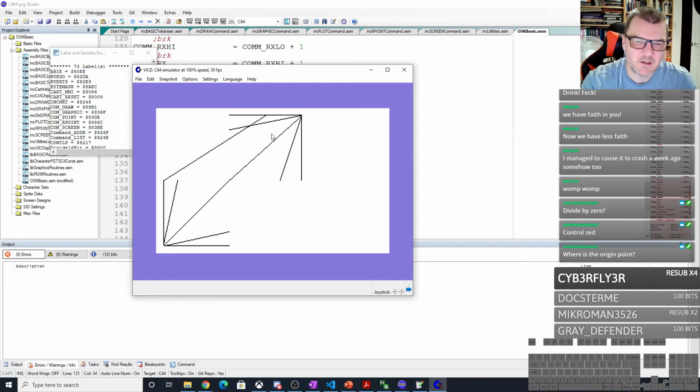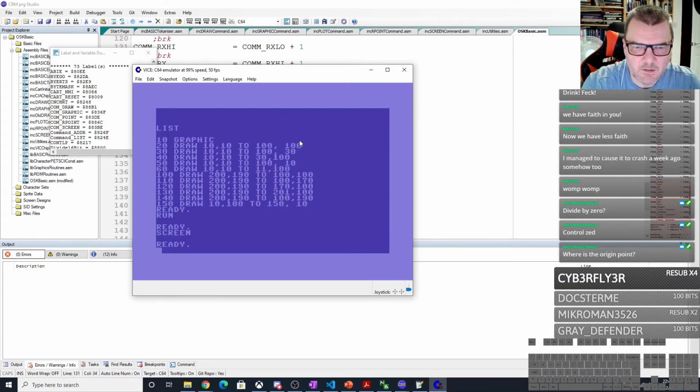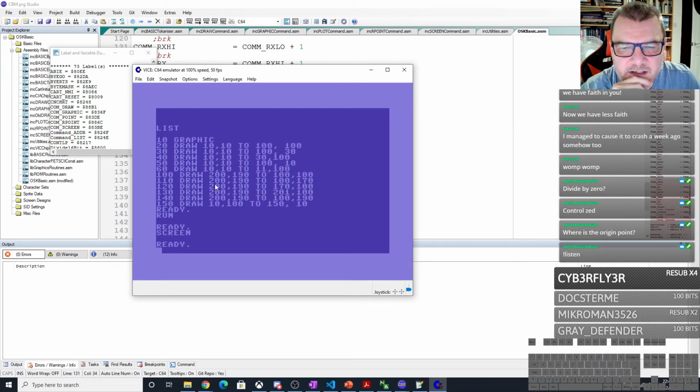There we go. So it's still definitely going the wrong way, but it's definitely the x-axis. The x-axis is... So this lot's working. That lot working. So the points here. Oh, the origin point's down here.